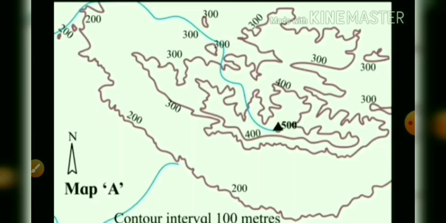These locations are joined with a line. Such lines are called contour lines. In this map, you can see lines drawn joining places of specific height. In this way, the relief of the land can be easily shown. It helps us to understand the slope of the land and the height of different places.